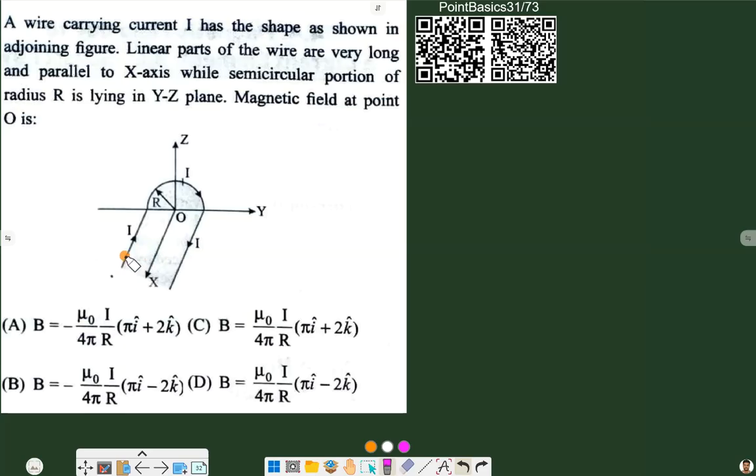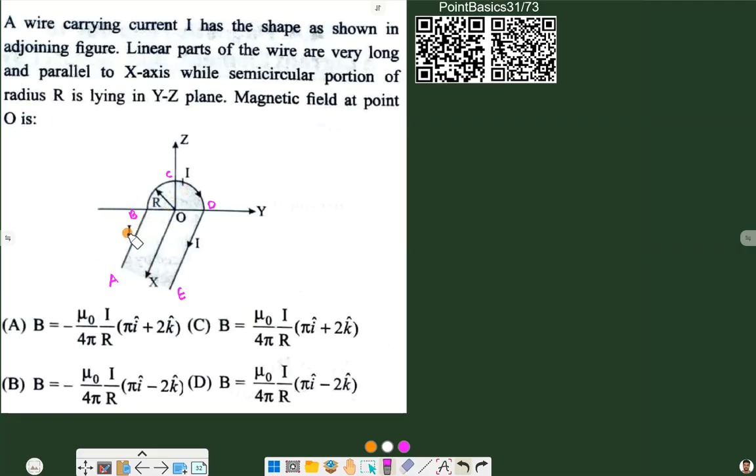For this conductor, let's name it. We have X, Y, Z as mentioned already. Suppose this conductor is AB, the arc is BCD, and we have another conductor DE. For conductor AB, the current is going into the page, and into the page is the minus X direction.